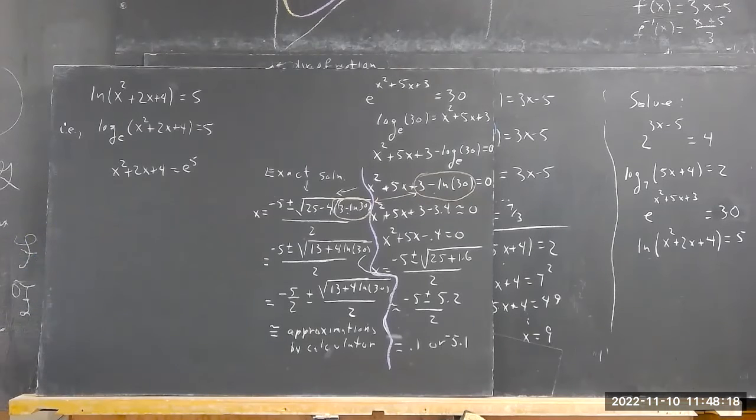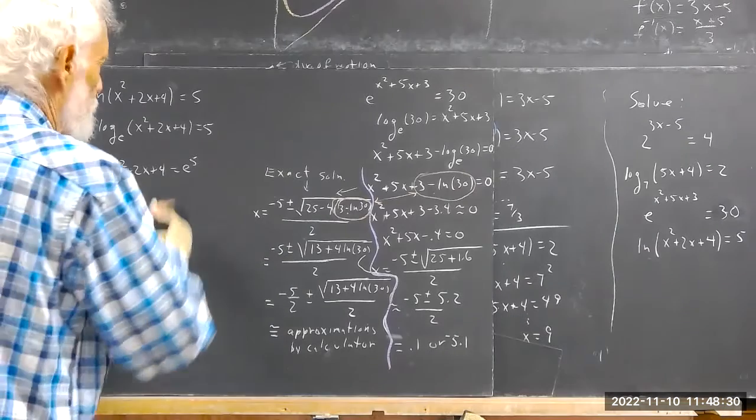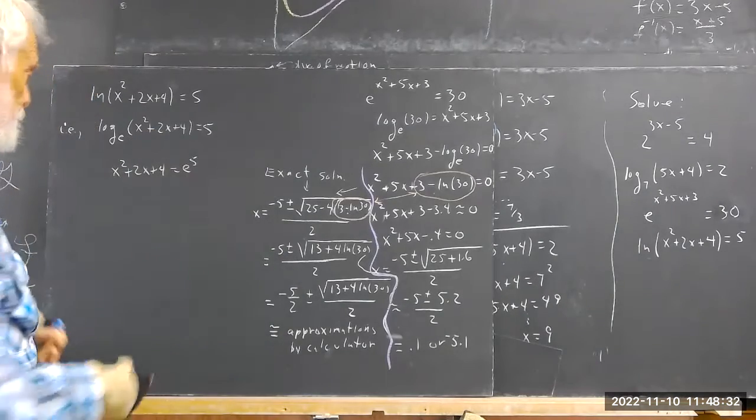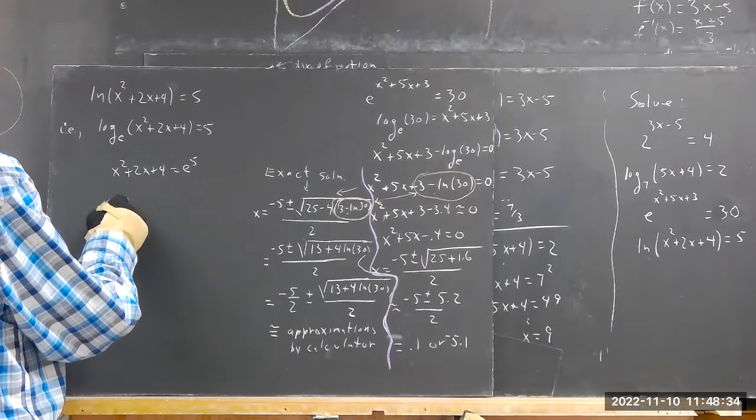Okay, well, e to the 5th is a little over 100. So I'm thinking, wait a minute. I'm going to guess that it's 110, but that's not guaranteed to be very close at all.